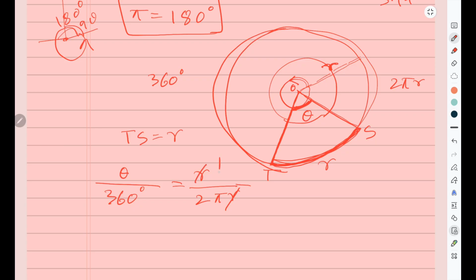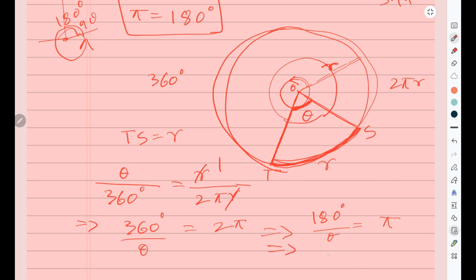So these two r can be cancelled, and by this equation we can see that 360 degrees divided by theta will be equal to 2 pi. Or we can say 180 degrees divided by theta is equal to pi.